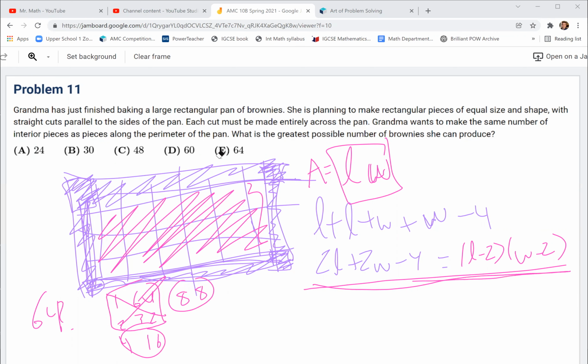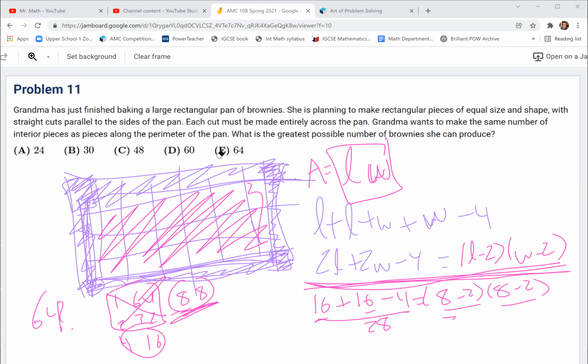Remember, I'm trying out this formula: 2L plus 2W minus 4 equals L minus 2 times W minus 2. Let's try 8, 8. 32 minus 4 is 28, and 6 times 6 is 36. So that does not work. What about 4 and 16? Let's try that pair using the same formula.